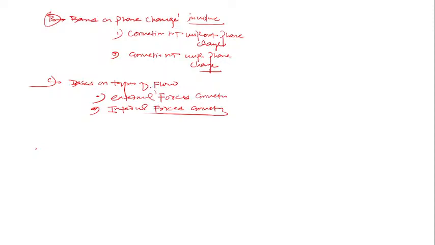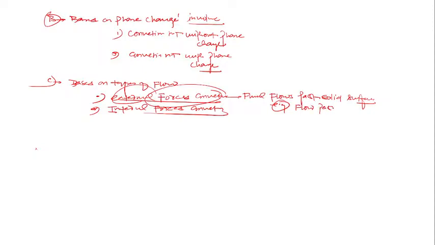Clear? So basically the first topic that we are going to start is external forced convection heat transfer without phase change. Clear? External forced convection means what? Means the fluid flows past a solid surface. For example, flow over a flat plate, flow past a flat plate.